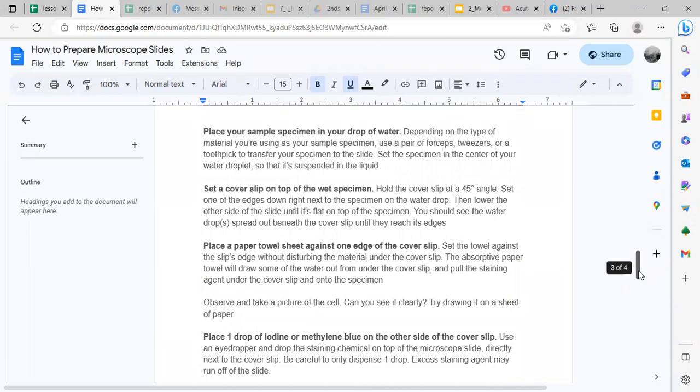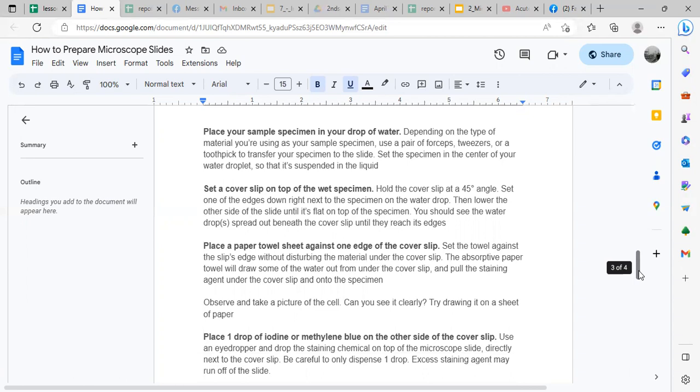And then you put the cover slip on top of the slide. It's important that there are no bubbles, because you will see them under the microscope. So you should hold the cover slip at 45 degrees. Set one of the edges down next to the specimen, then slowly lower.